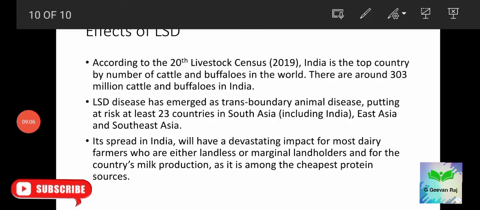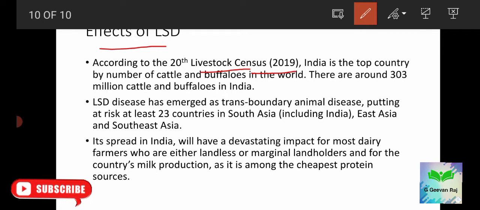Now, let us look at the effect of lumpy skin disease. According to the 20th Livestock Census 2019, India is the top country by the number of cattle and buffaloes in the world. There are around 303 million cattle and buffaloes in India.